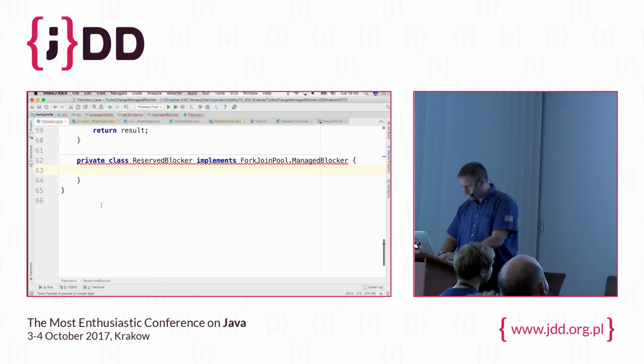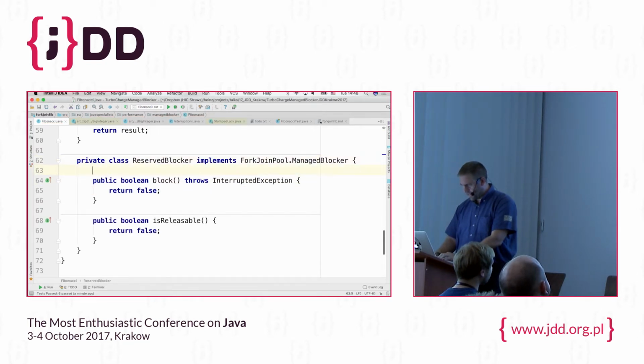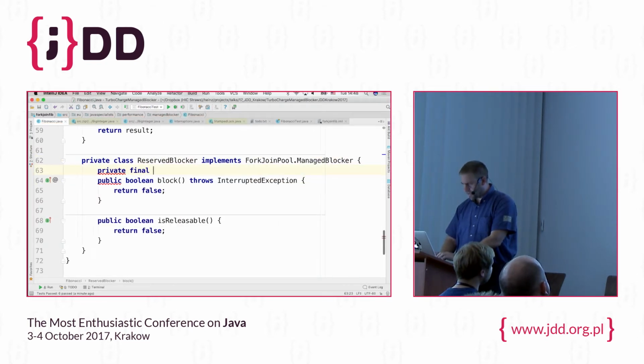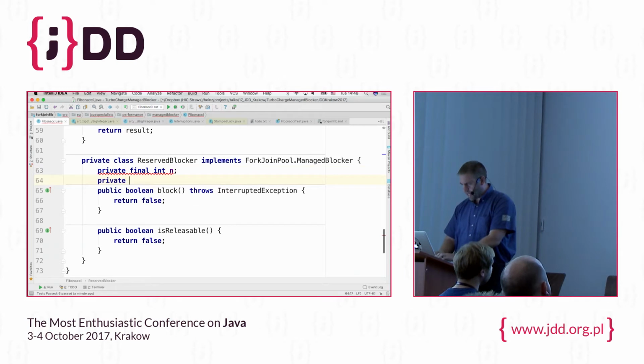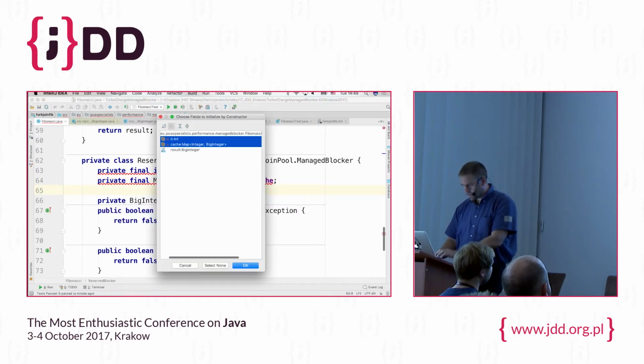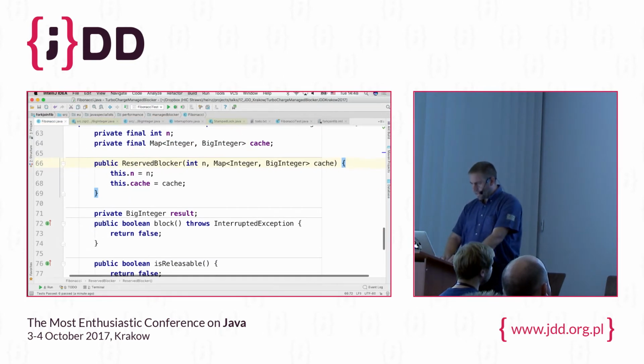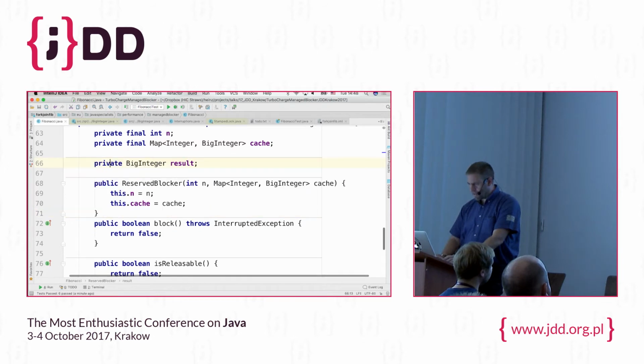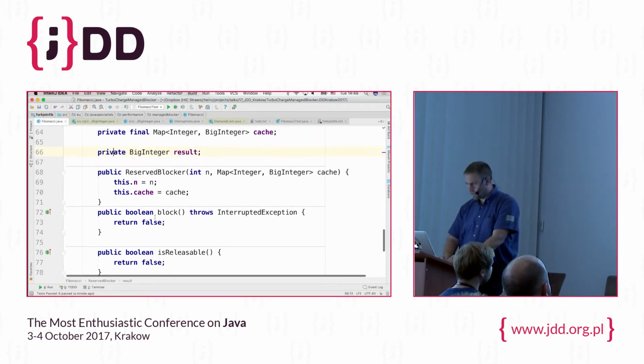So for ManagedBlocker, we're going to need private final int n, private BigInteger result, and private final Map from Integer to BigInteger, which is our cache. So we need a constructor for these 2, and then the result we're going to pass back once we've got it.